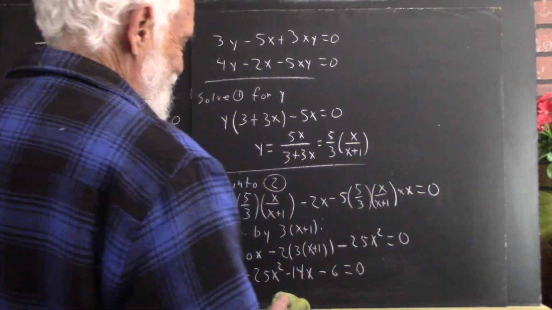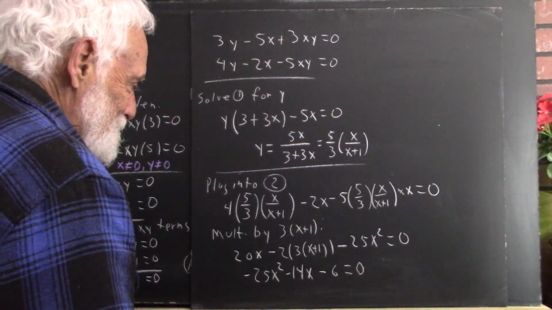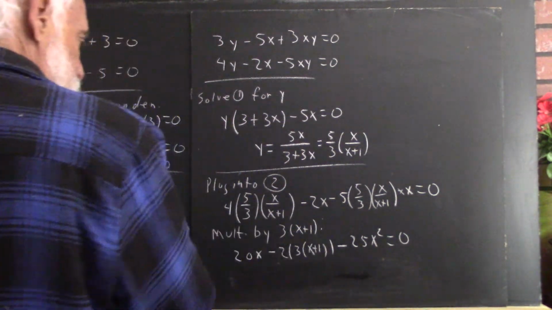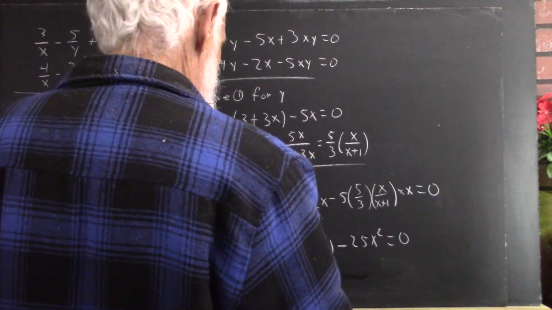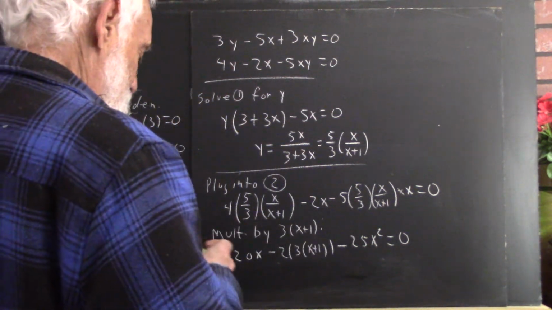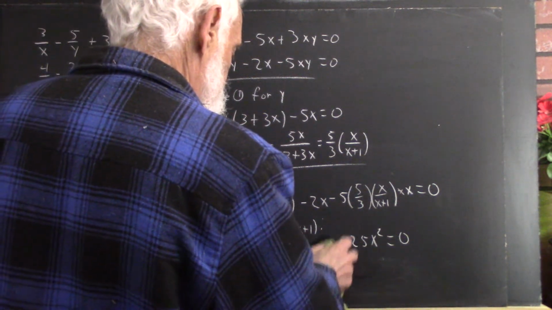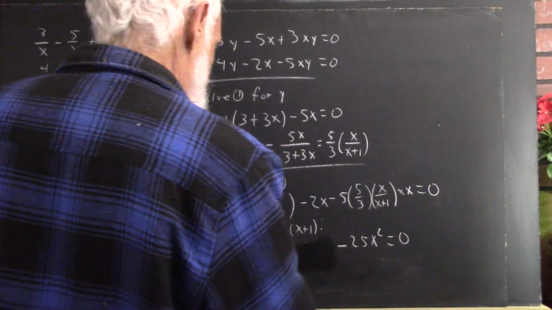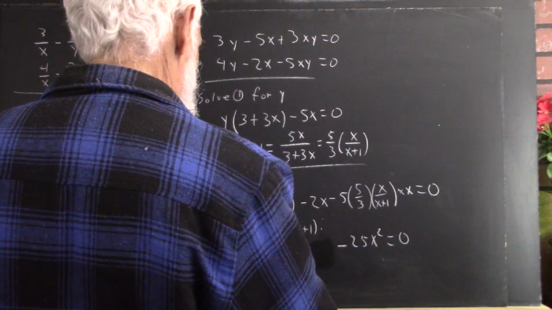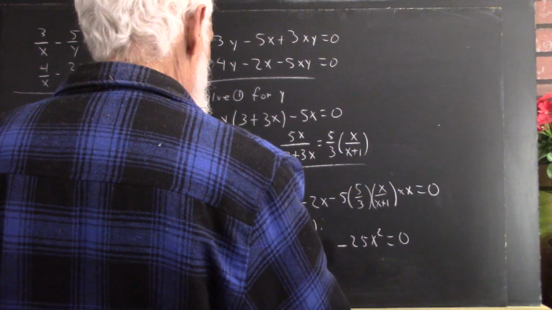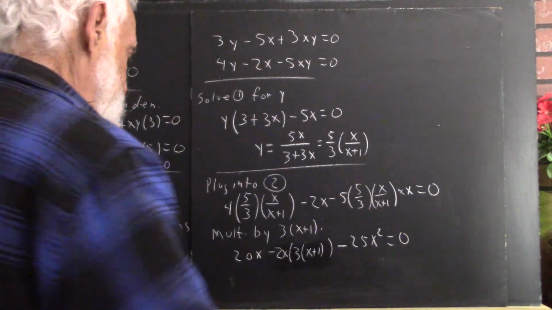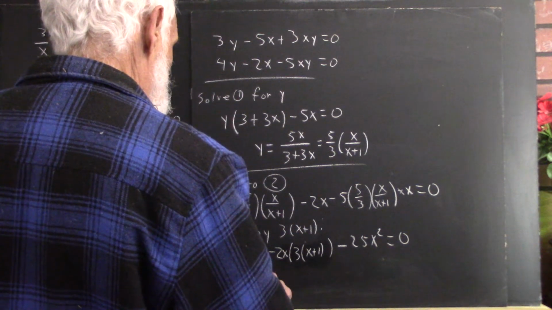Okay, let's see. Now, yeah, let's get rid of this because I didn't like it anyway. And I did lose the x. I don't have a good place to write the x, so I'm going to get rid of this too. Okay, so it's minus 2x times 3 times x plus 1. Now, that gives us negative 25x squared.